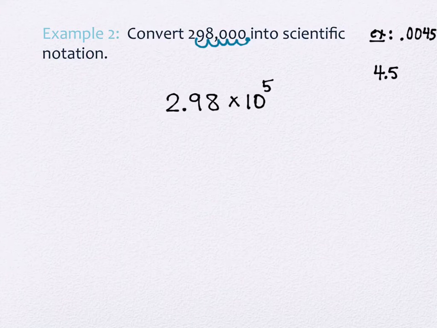In between the 4 and the 5. And I will count the number of places I moved the decimal. What is it? 3. So it's times 10 to the 3. But is it positive 3 or negative 3? Negative, because the number is a small number. Does that make sense? Okay.